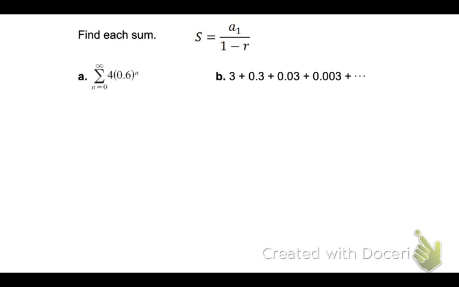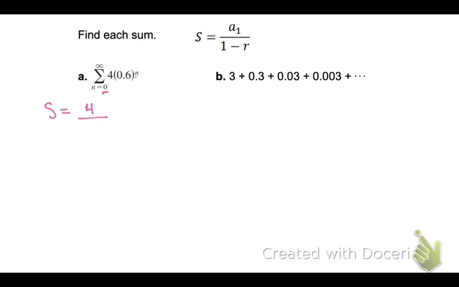So the sum: a sub 1 is found by putting in the lower limit. So I plug in a 0. So 0.6 to the 0 is 1. Anything to the 0 is 1. Times 4 is 4.